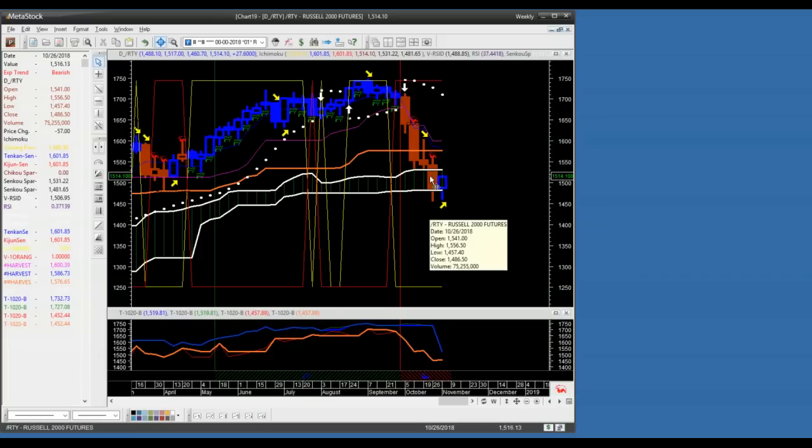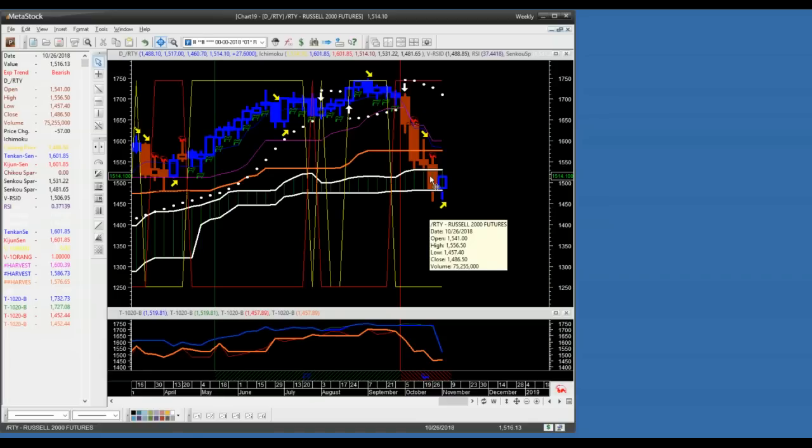The market opened at 1541 and then proceeded to drop all the way down to 1457. So you wouldn't have had to worry about a gap, because you would have placed the ticket right before the market opened, and then you would have caught that whole move for that week. Make sense?